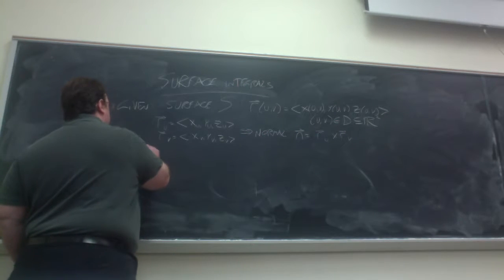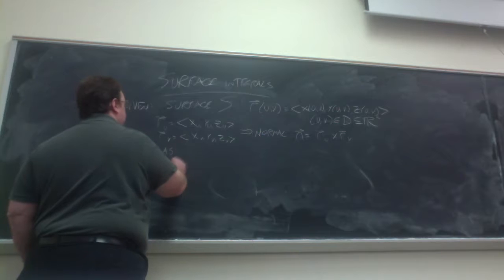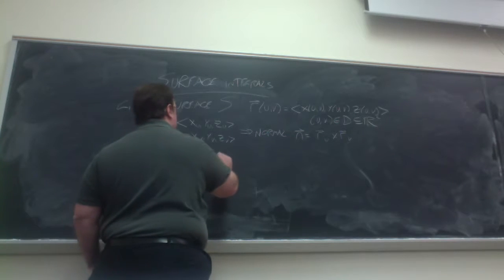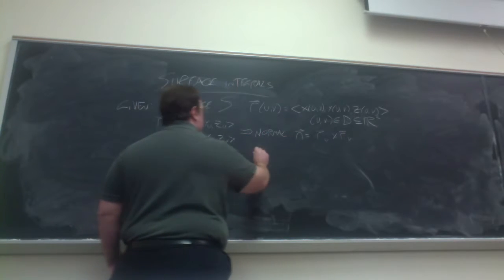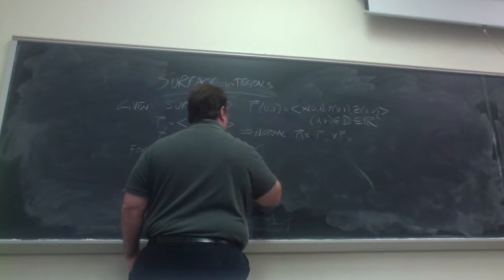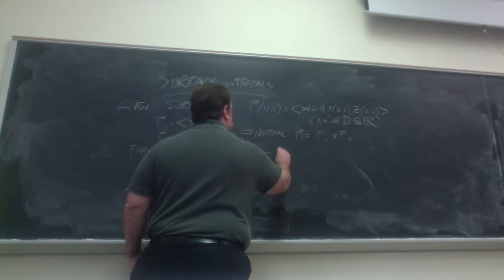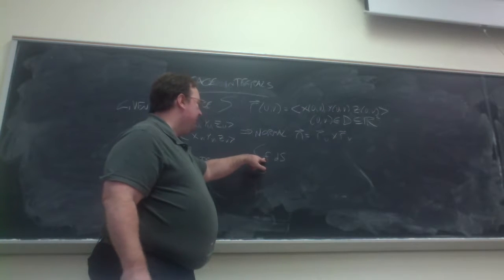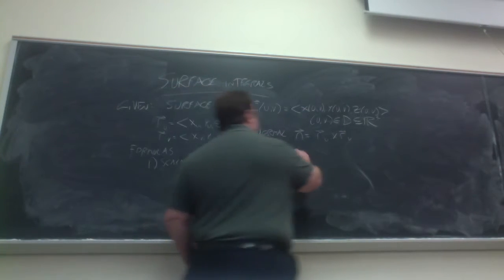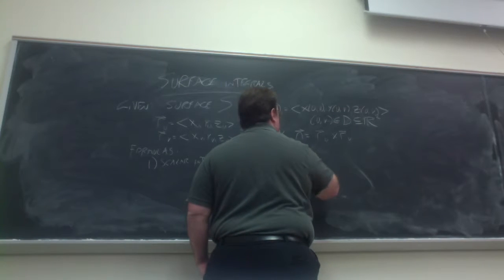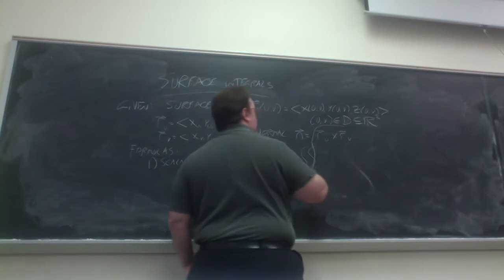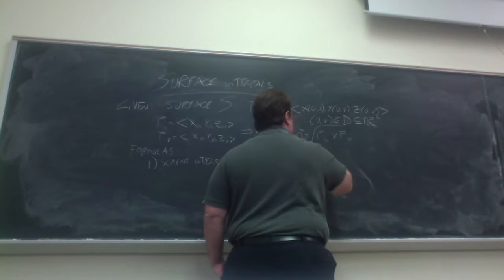So then there are 2 formulas. When your integrand is a scalar valued function, we have the integral of some scalar valued function little f over a surface S, and that just turns out to be a double integral over the parameter space.